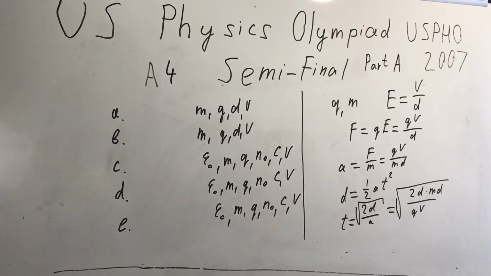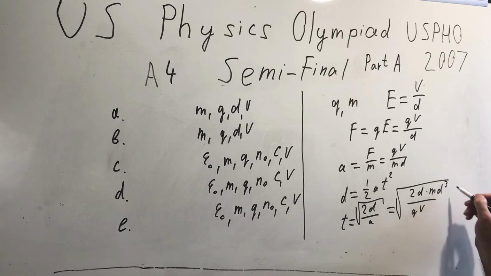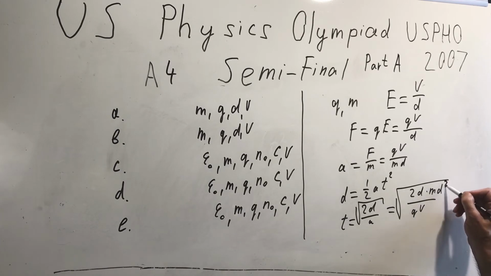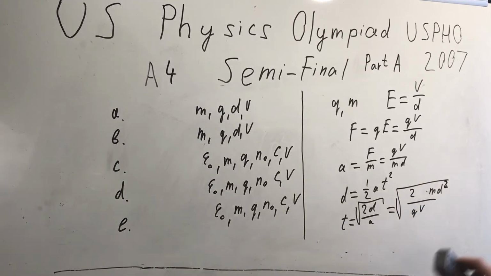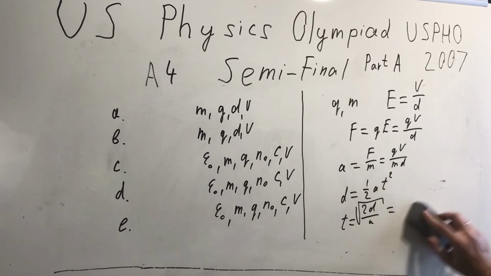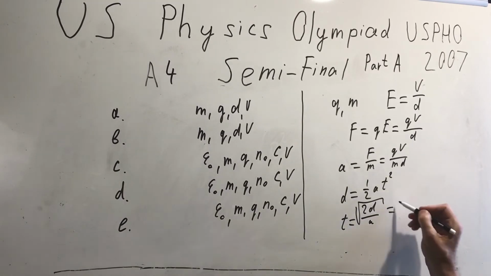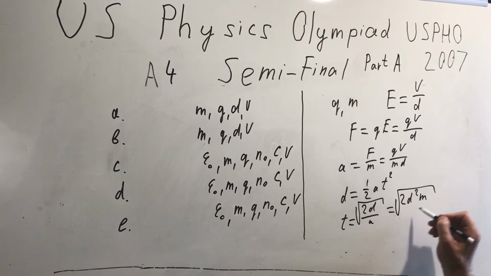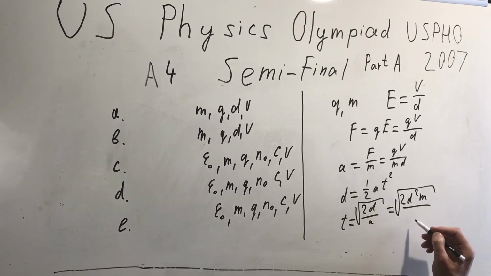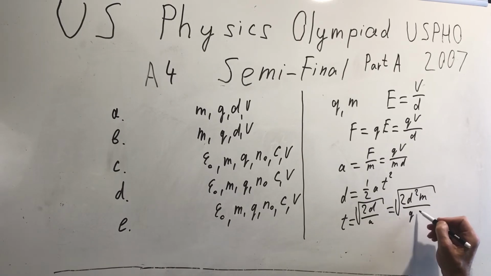So that will be d cubed over d, giving d squared. Finally we have root of 2d squared m over qV.